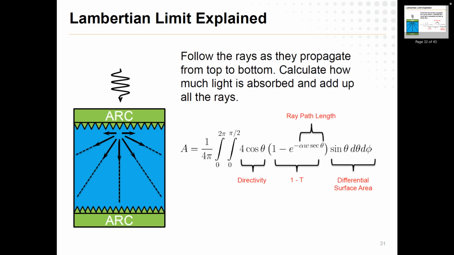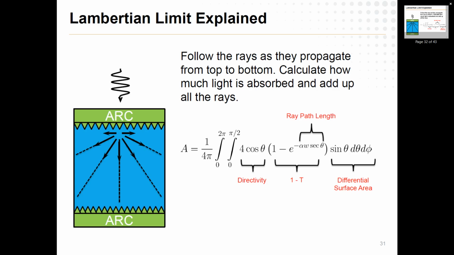So the total absorption from here to here is this big ugly integral. So you notice it's the relative directivity here times the transmittance, or the absorption, I should say, of that particular ray. So you notice it's this e to the negative alpha w. That represents this length from here to here. And then the secant theta, what does that term represent? That's the total length here.